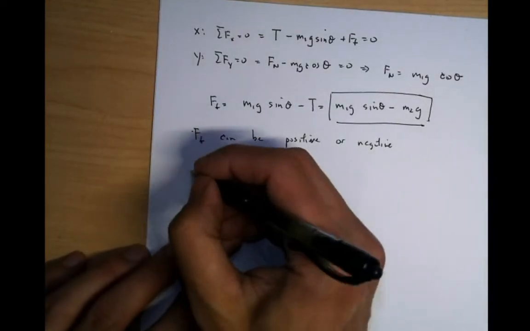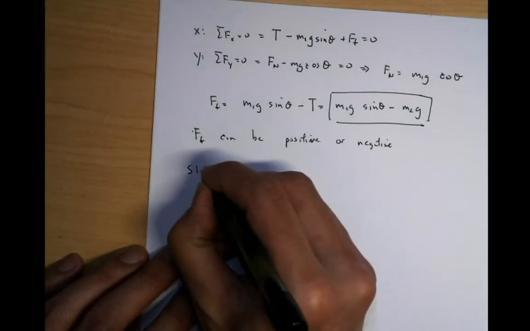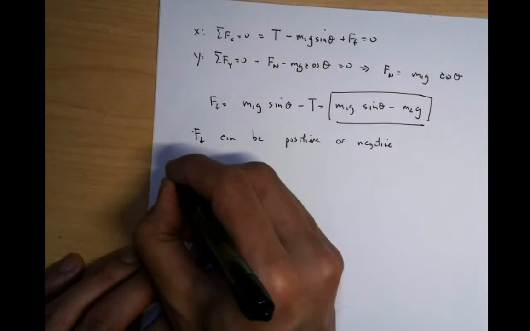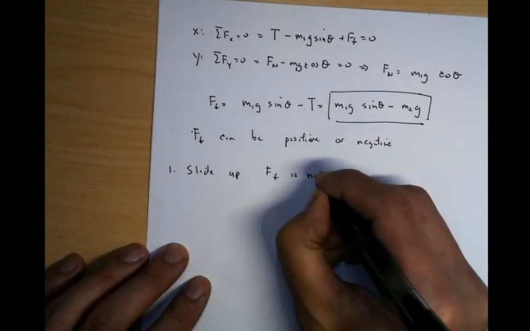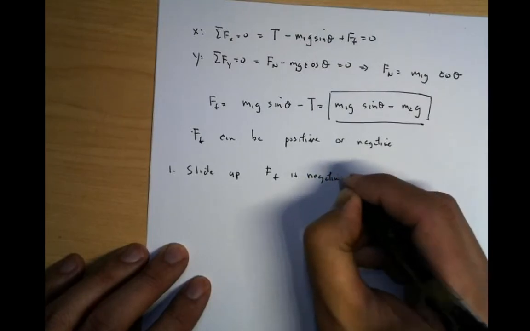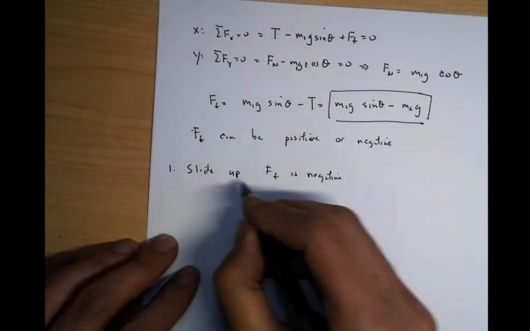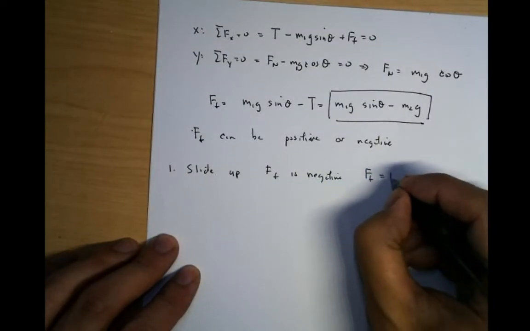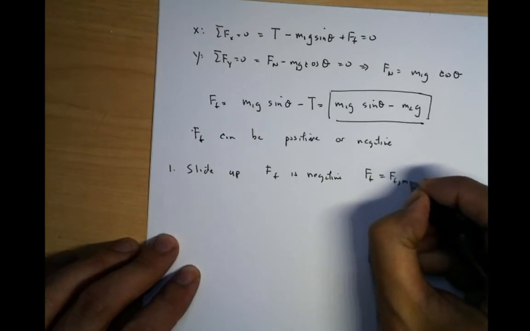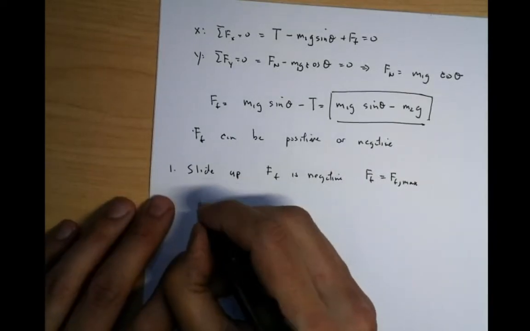The first case is that we want it to slide up. F_f is negative. In order for this to slide up, I need F_f equal to F_f max, because I want to break the force of friction here. So let's do that.